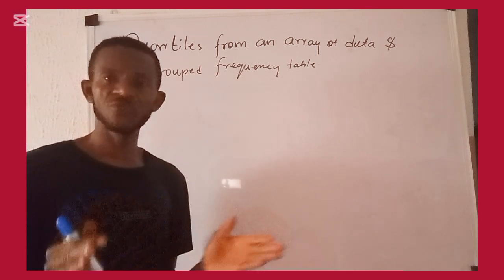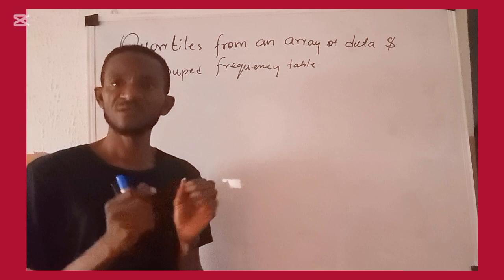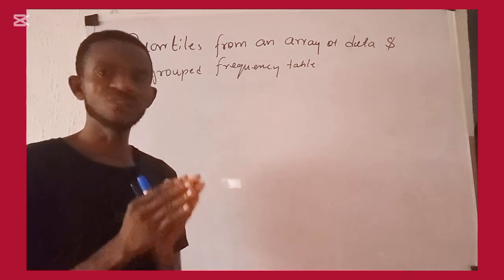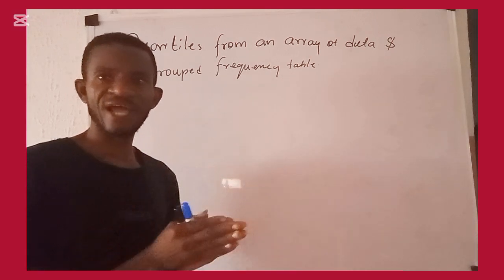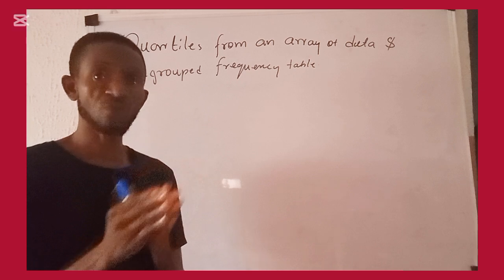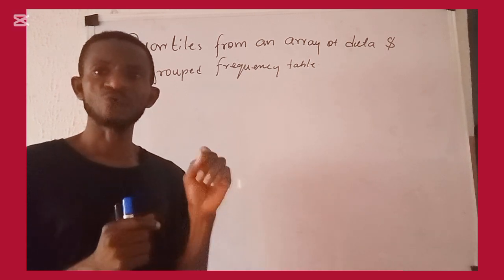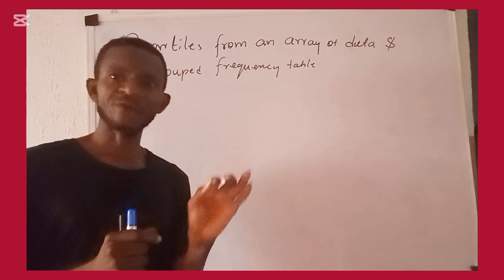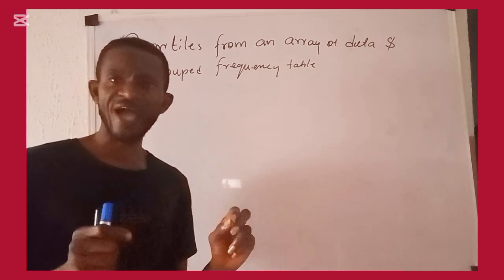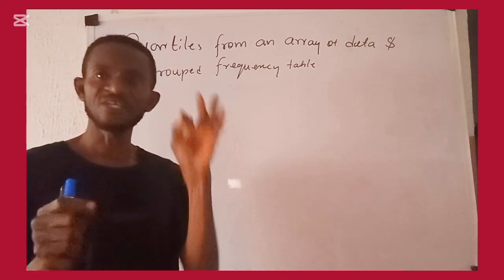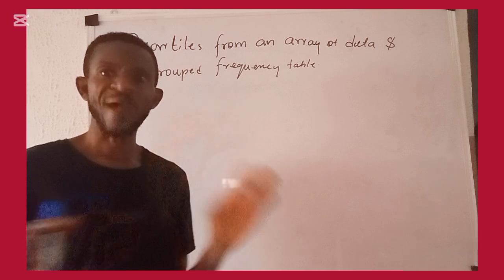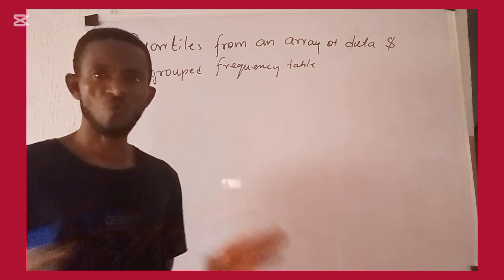We are going to show how we can obtain the quartile values from an array of data and from an ungrouped frequency table. Remember that when we talk about quartiles, we are talking about the measure that divides the data set into four equal parts. That is what we call quartiles.